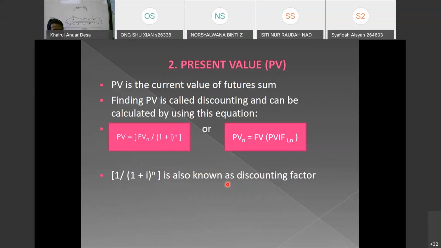Kalau tak okay, kita kena terangkan sekali lagi. Boleh kita pergi ke present value now?